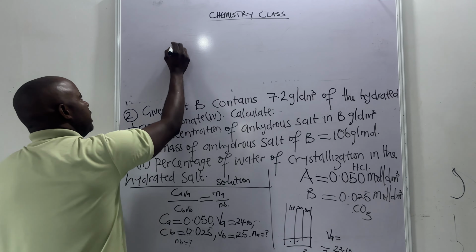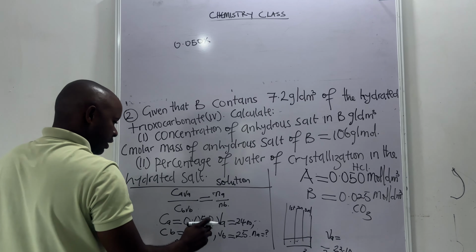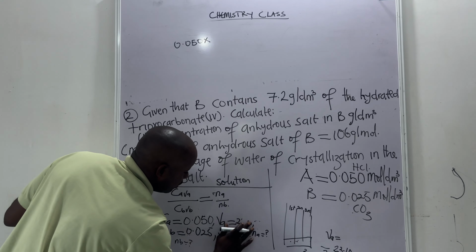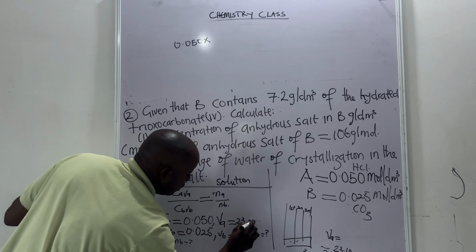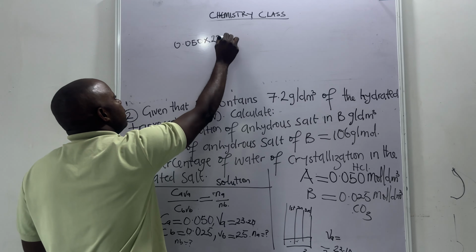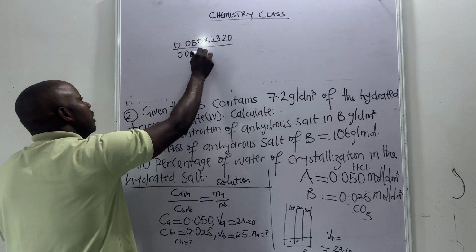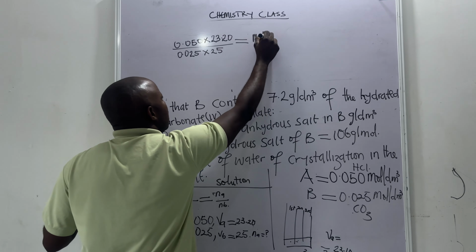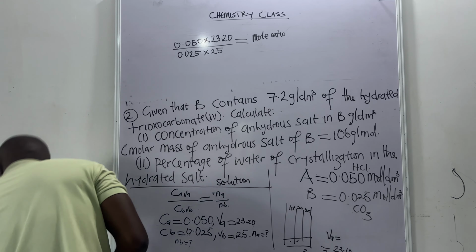So we have CA is giving us 0.050 times, let's use the volume of acid to be, let's be specific, 23.20, times 23.20, all over 0.025 times 25, is equal to the mole ratio of the acid and that of the base.